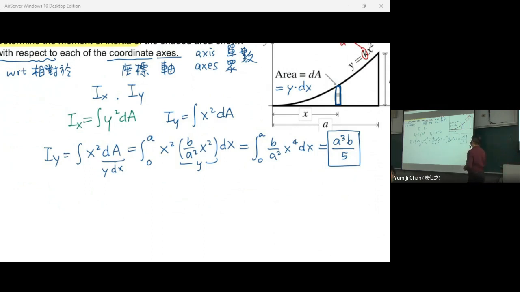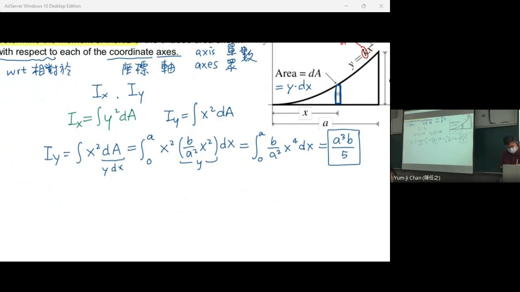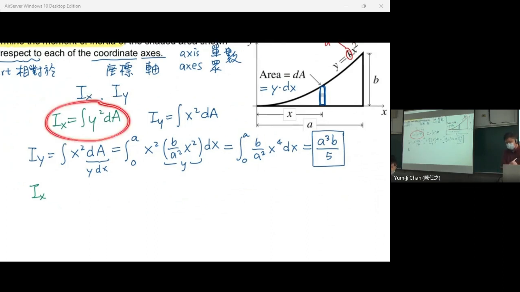Okay, then we work on Ix. Ix by definition is equal to y squared dA. So the easiest way, if we want to work on this, is that we need to have a stripe like this, and then we have y, right?